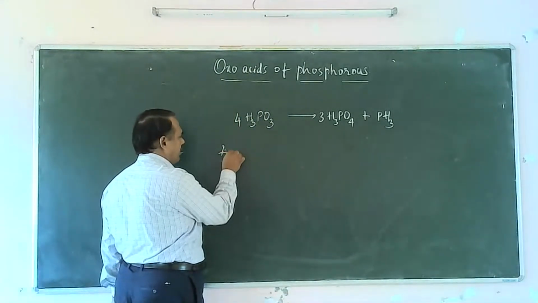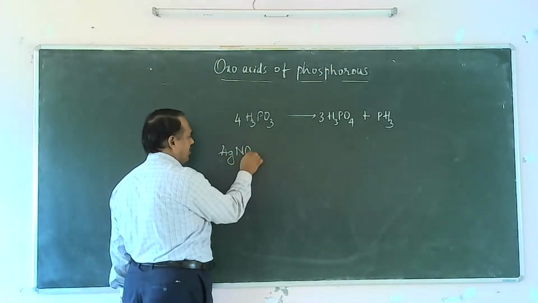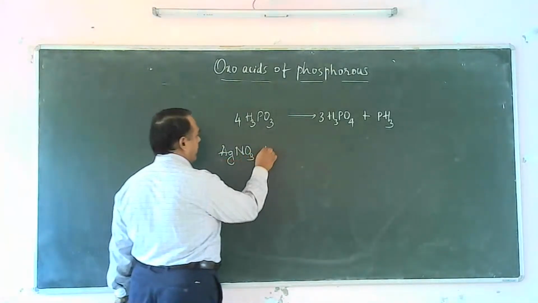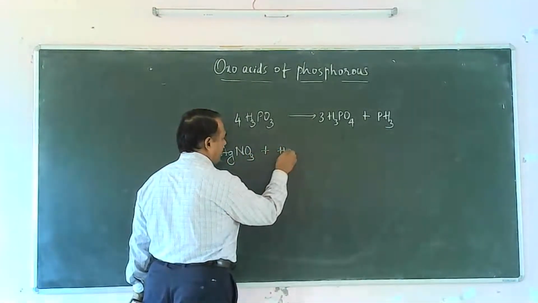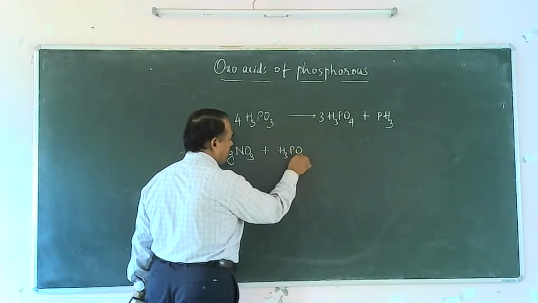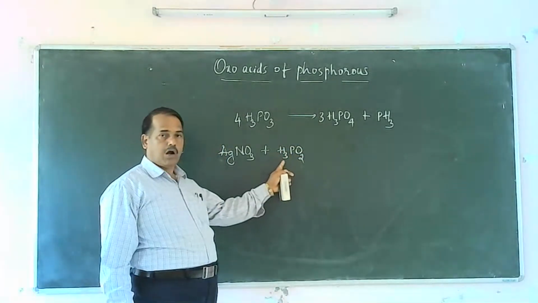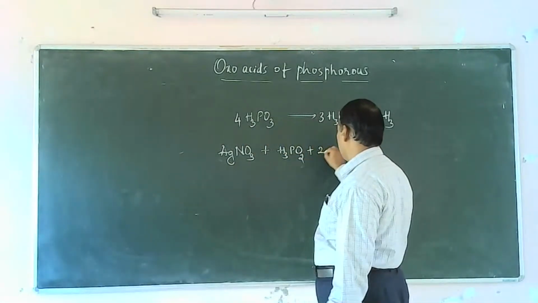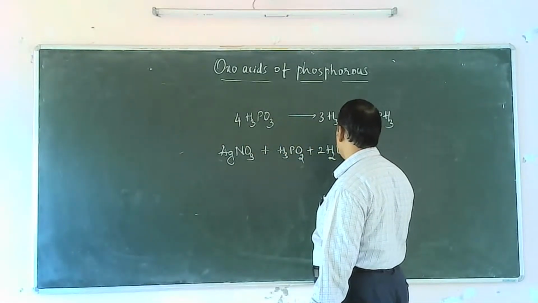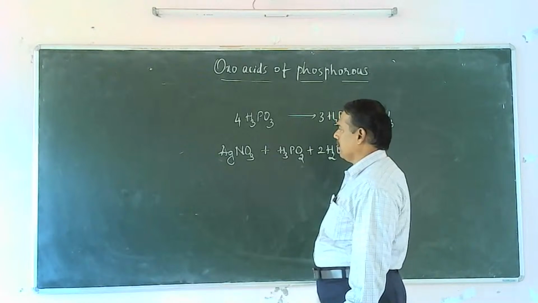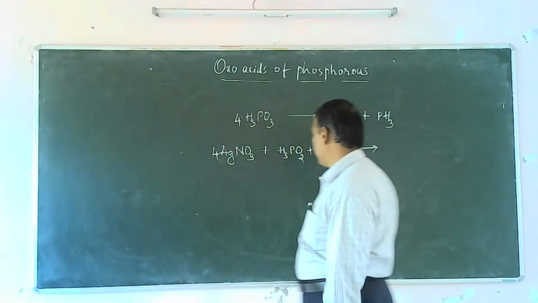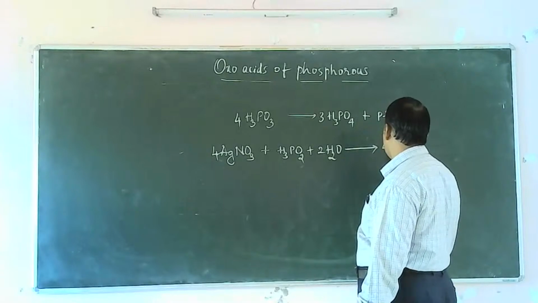See, AgNO3, silver nitrate, when it reacts with H3PO2, which is hypophosphorous acid, in the presence of water, 2H2O, you will get, from 4 molecules of silver nitrate, silver.